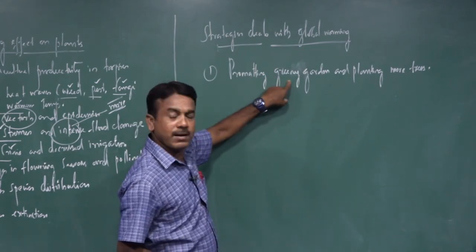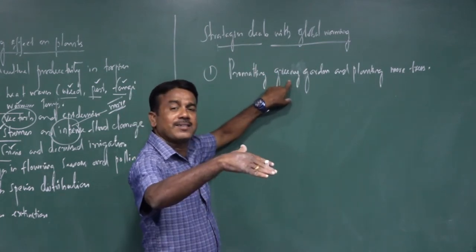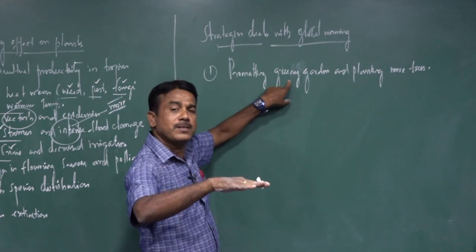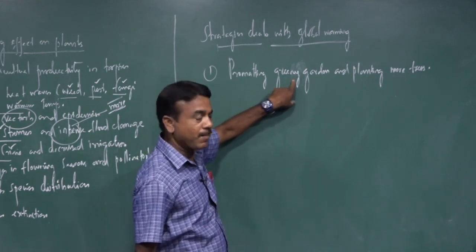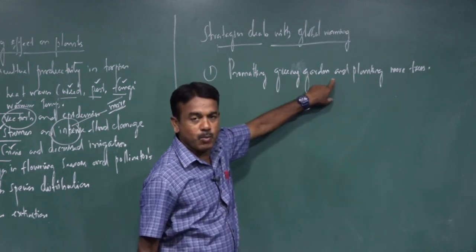Promoting green gardens: wherever vacant land is there, you have to cultivate a grassy compound or green garden, as well as plant more trees. That's the first thing.